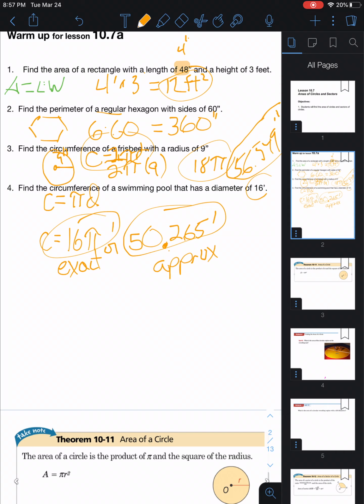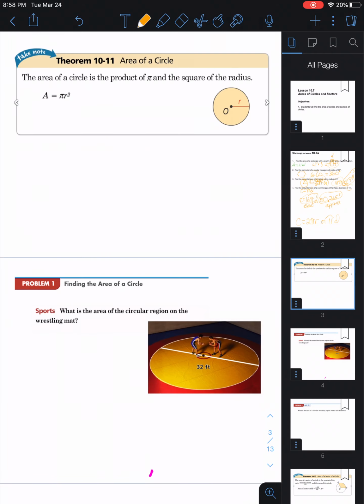So there's our formulas. We said that circumference equals 2 pi r and or pi d. That was our circumference. We looked at the area of a rectangle as well. Today we're going to look at the area of a circle. And the area of a circle is pi r squared.